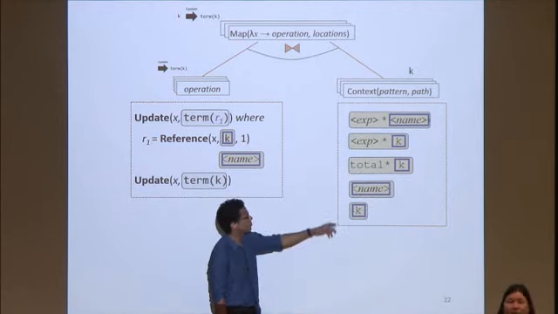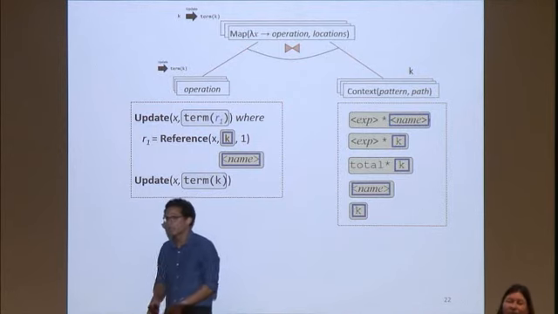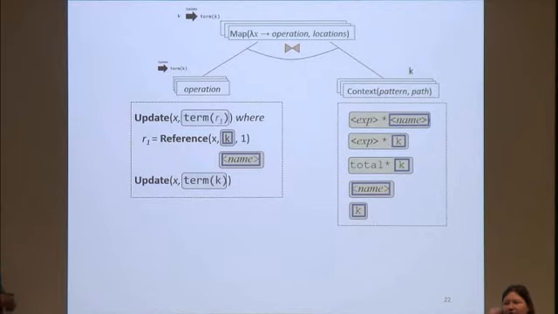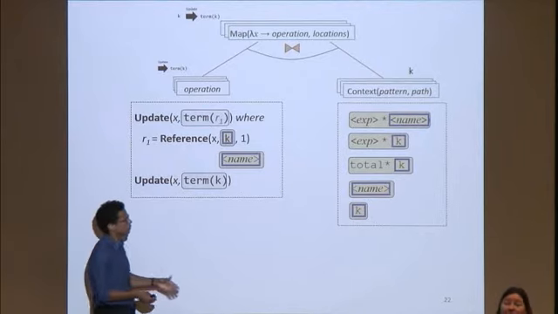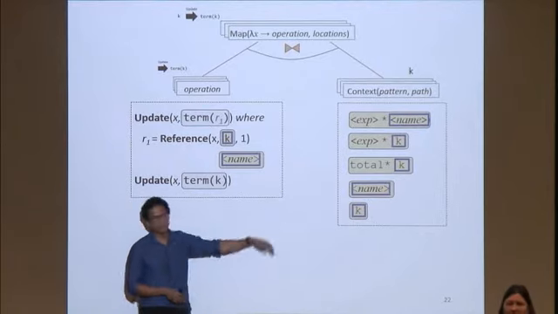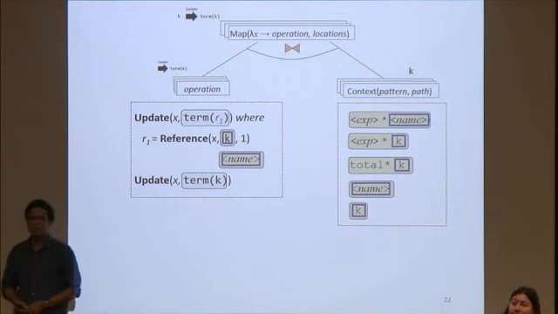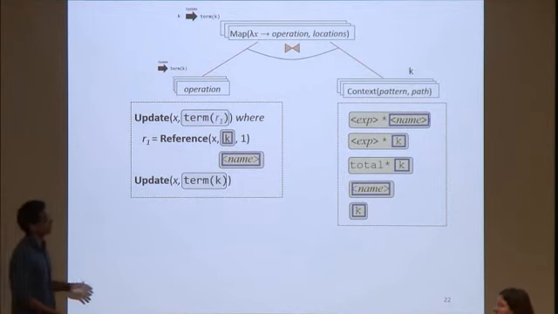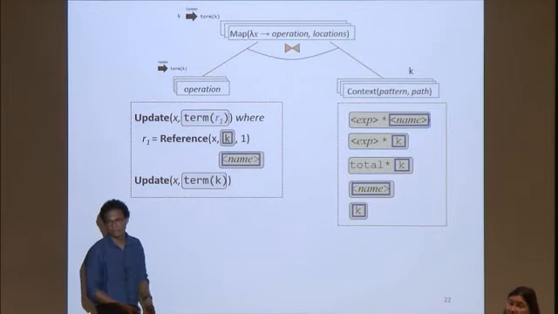Or we have very general patterns as well, like match any name in the code. The challenge is that usually we don't want the most specific one or the most general one. We want to select something in between. And this is the last challenge that we specify, the ranking functions.